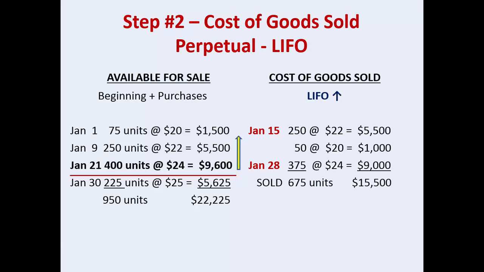And then for your second sale, again, what is last in as of January 28th? Well, you sold 375, so you're going to take it out of the last in at that point in time, January 21st, out of the 400 purchased at 24. So using this method, LIFO perpetual, you sold 675 units at a cost of goods sold of $15,500.